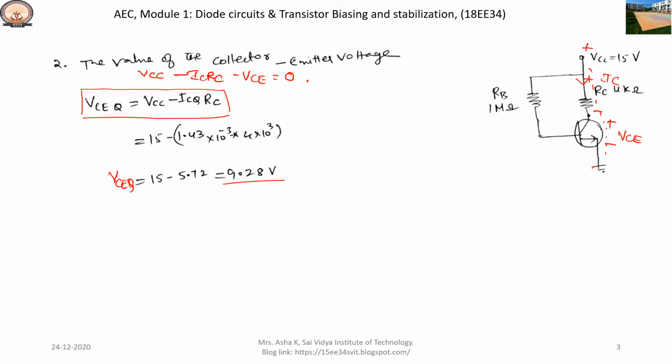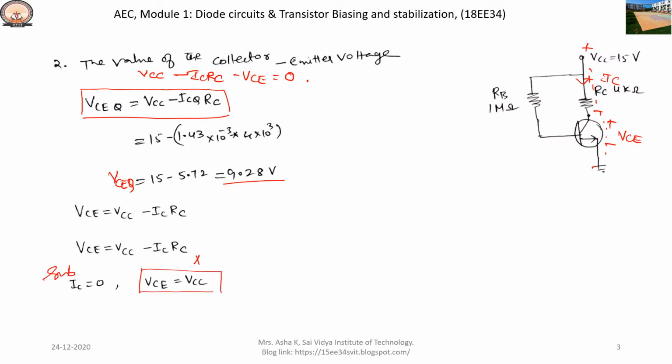Consider the output voltage equation and substituting IC is equal to 0, we are going to get VCE is equal to VCC. Let's call this point as A. For VCE, IC on the output characteristics curve, VCE is VCC whereas IC is 0.